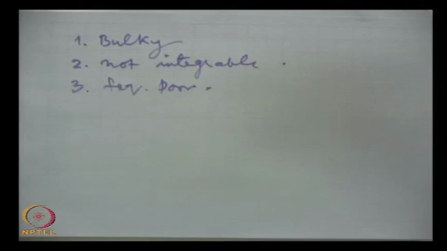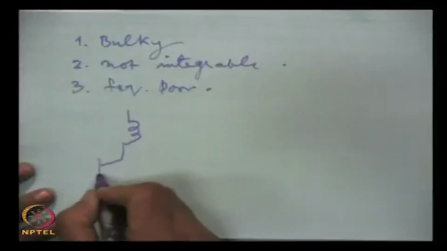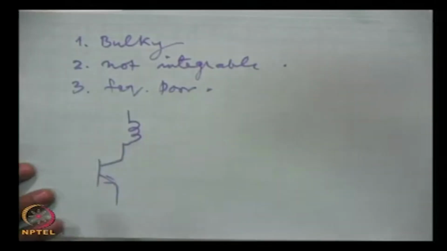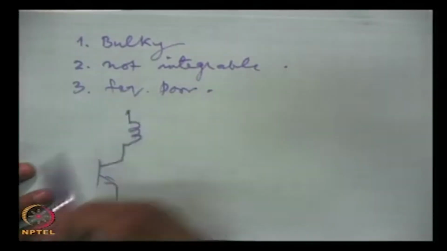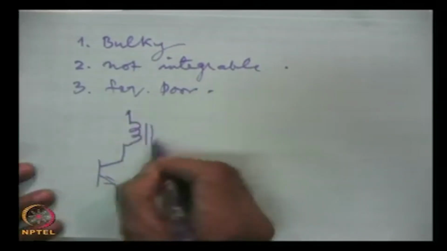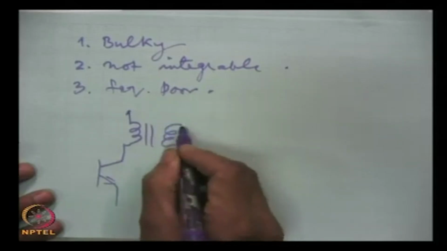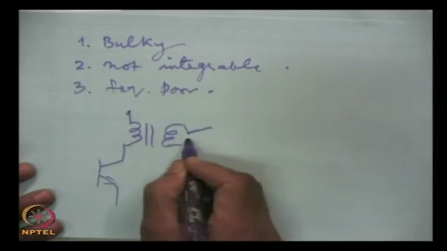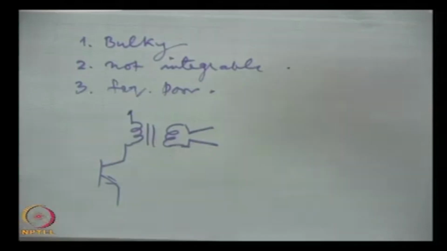For example, this is the final stage where the primary is connected to the collector, and here a load like a speaker is connected directly. This is transformer coupling.